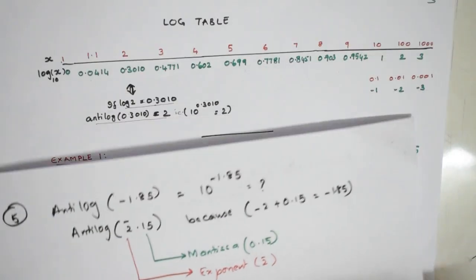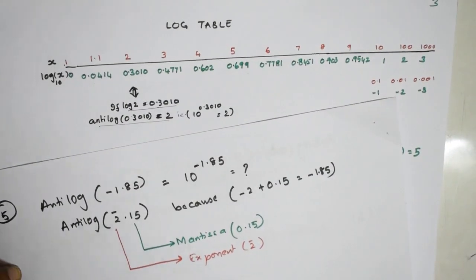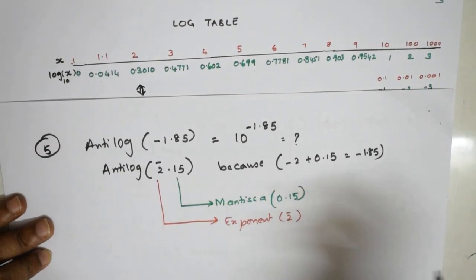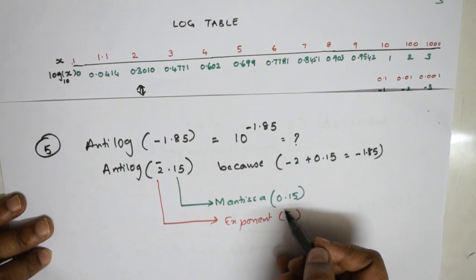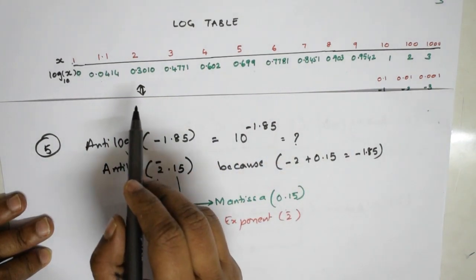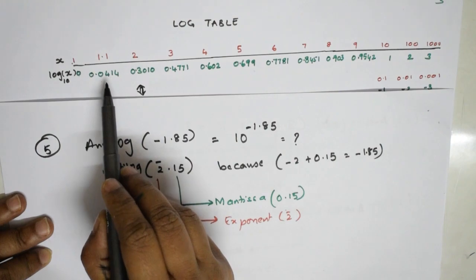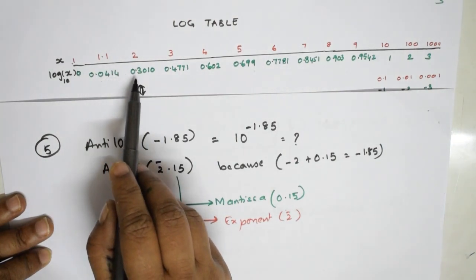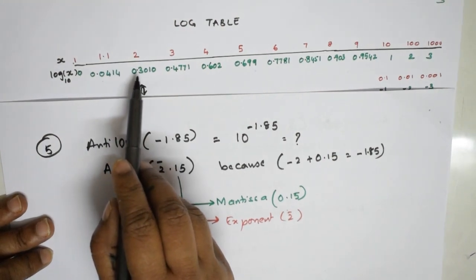Where is 0.15 lying in the log table? That I need to check once, isn't it? So let us go back to our log table. Here 0.15, if I have to check, it's lying almost at 0.1, this is 3. Okay, this 0.3 value is too high, isn't it?